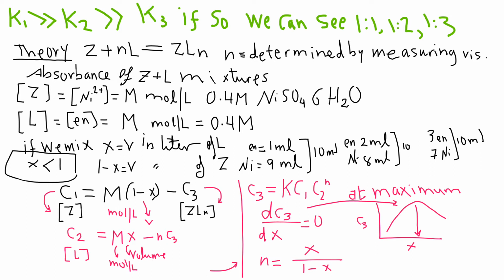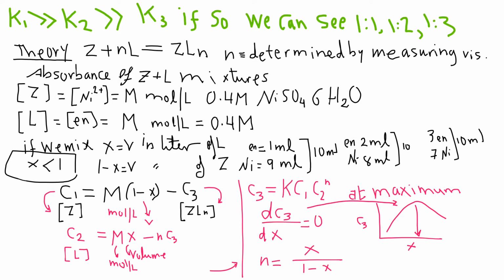Now, C1 is a symbol for the concentration of the metal, M is the molarity, 1 minus X is the volume, and C3 is the complex concentration. C2 is the ligand concentration.